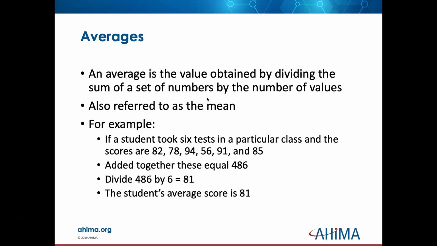So you add up 82 plus 78 plus 94 plus 56 plus 91 plus 85 equals 486. 486 divided by 6 is 81. So the average score of all those 6 tests is 81. You need to know this. Really, really, truly.